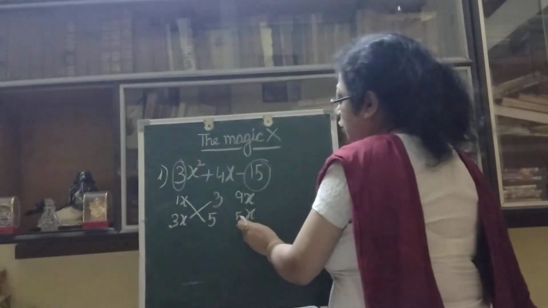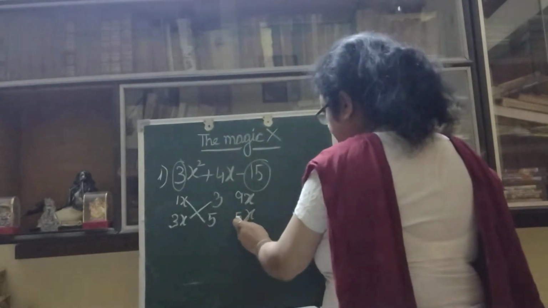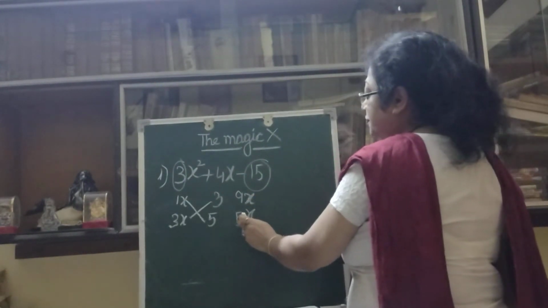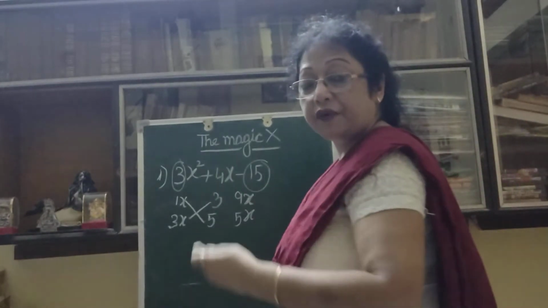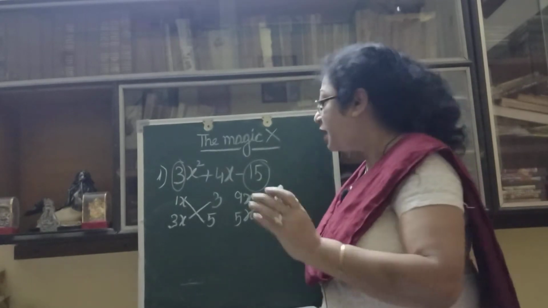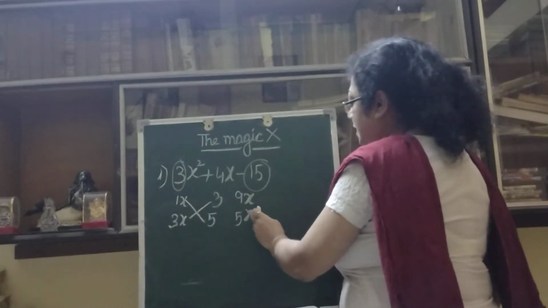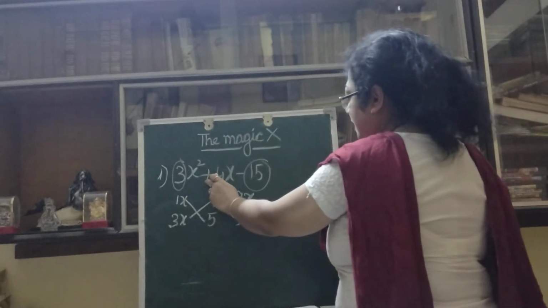So now you see, if we do this, 9 minus 5 is 4. 9 minus 5, we have to add or subtract, you know the concept. So 9 minus 5 is 4, but the sign is plus here.